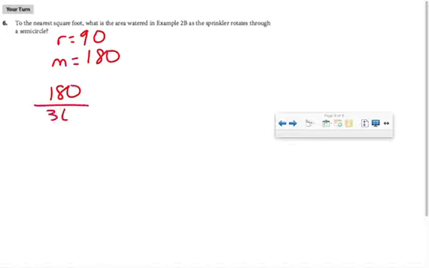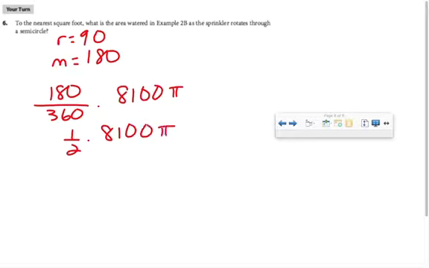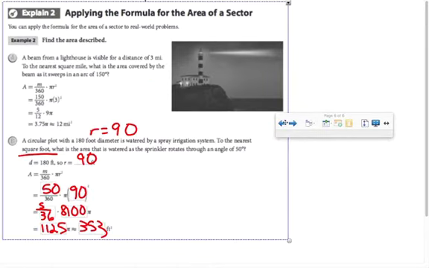So 180 over 360 times 8100 pi. 180 over 360 reduces to 1/2 of this 8100 pi, which is 4050 pi. And when we evaluate that, we get 12,723. What were the units? Square feet.